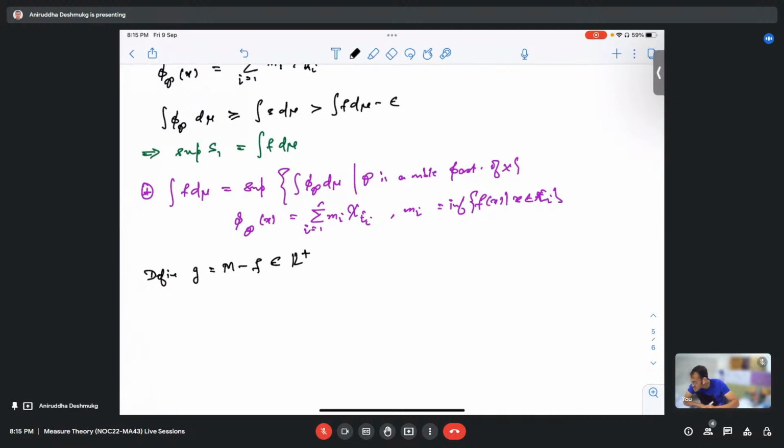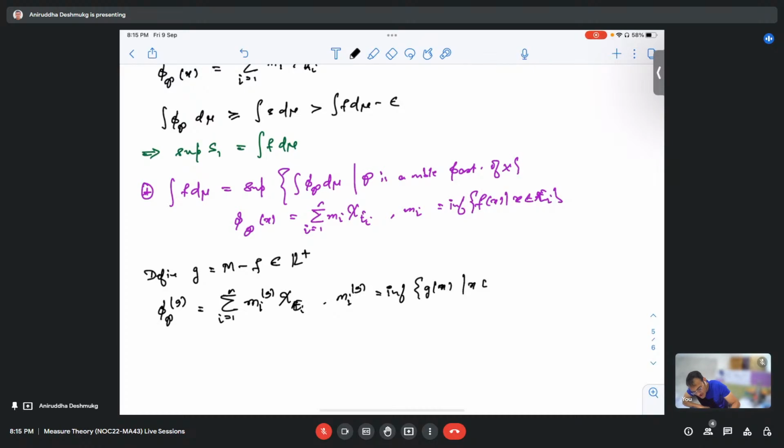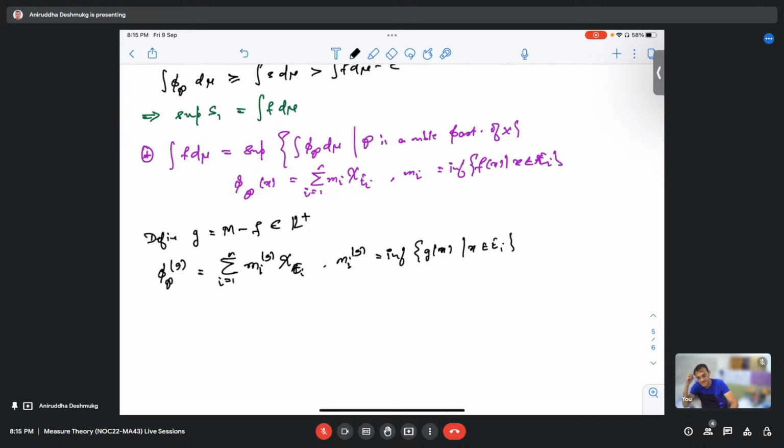Now, if this g is measurable, we can correspondingly define phi P of g as the summation of m_i(g) chi E_i, where m_i(g) is the infimum of g(x), where x belongs to E_i. But I can write this as the infimum of M minus f(x) as x belongs to E_i.